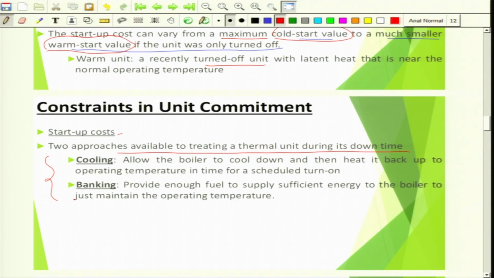So I will give you an analogy with respect to a two-wheeler. We have all experienced this. You are riding a vehicle and there is a signal, right? If there is just 30 seconds, you do not turn off your vehicle. You just keep it operating.